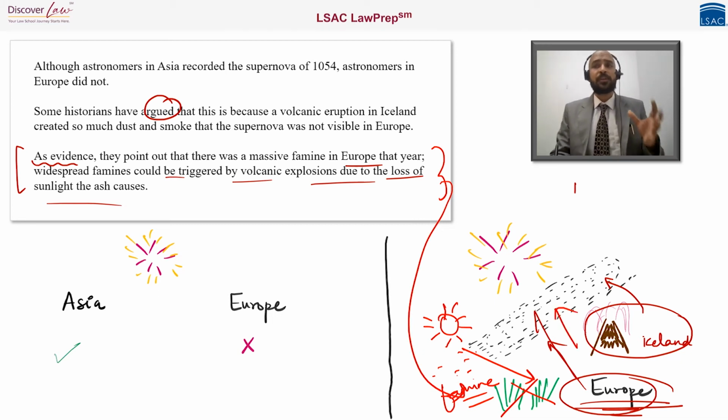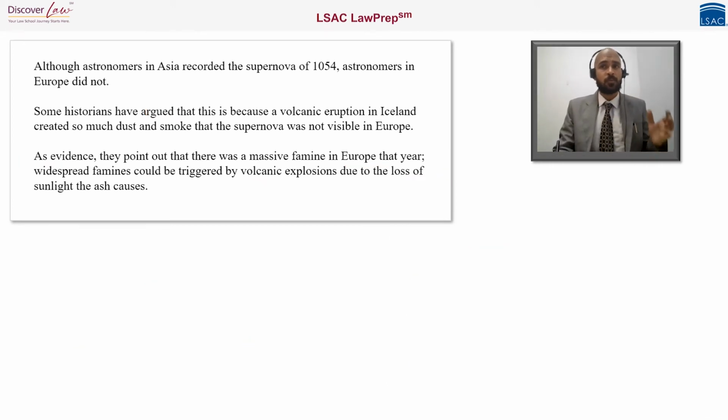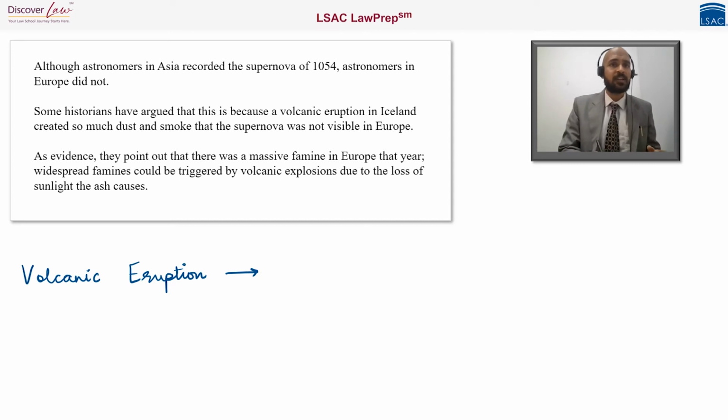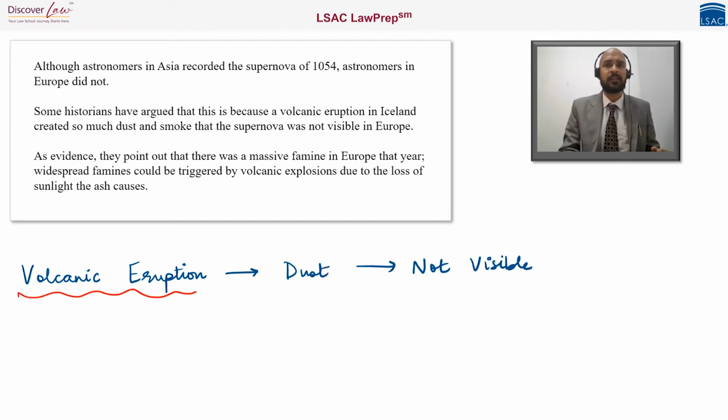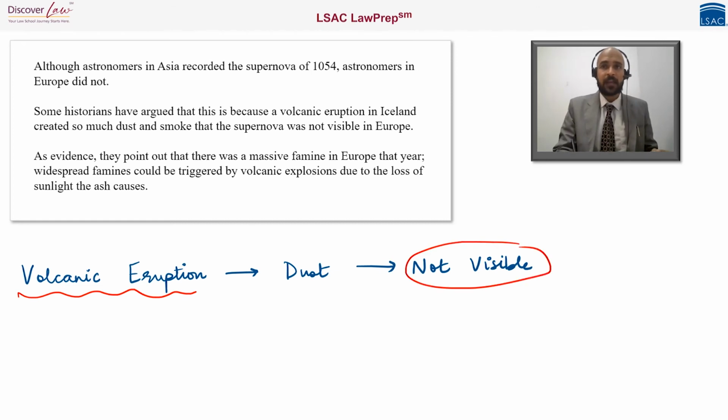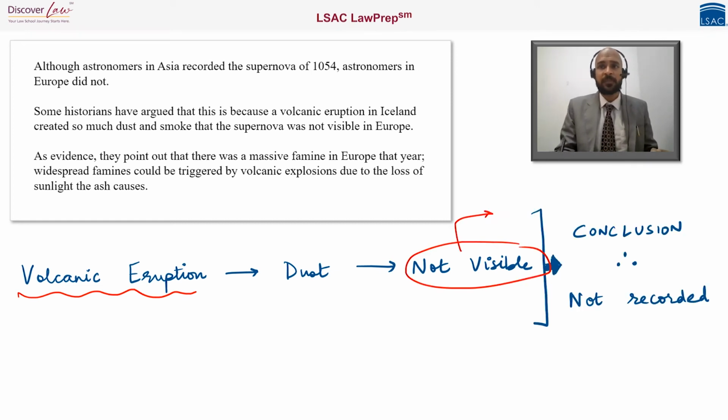So now when we look at the argument with some more clarity, what we see is that there was a volcanic eruption. The volcanic eruption resulted in dust and lack of visibility. And because of this lack of visibility, it was not recorded. So this is the conclusion, that it was not recorded because it was not visible.